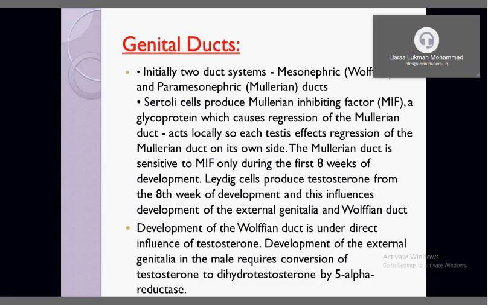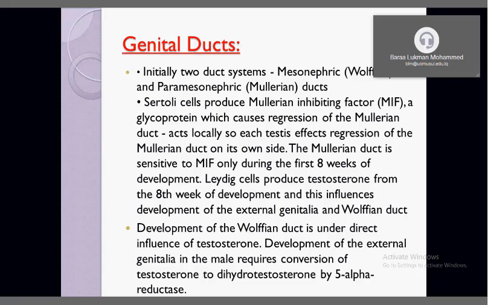Also, this testosterone produced by the Leydig cell can affect the differentiation of the external genitalia. But for this, it requires conversion into a more active substance, dihydrotestosterone, by the enzyme 5-alpha reductase.